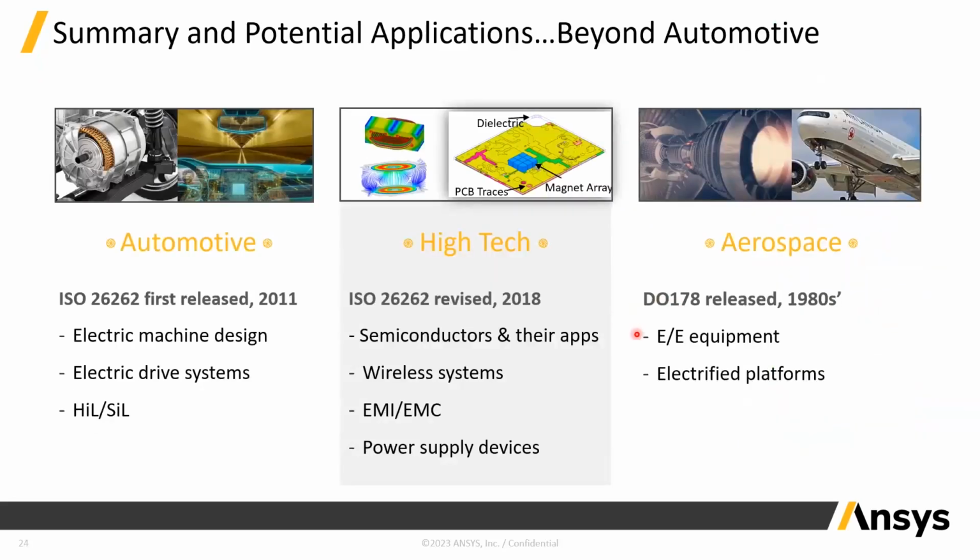As a summary of this presentation, and potential application beyond automotive. As I mentioned at the beginning of this presentation, the standard ISO 26262 came as a natural consequence of rapidly growing electronic parts within automotive, within road vehicles.